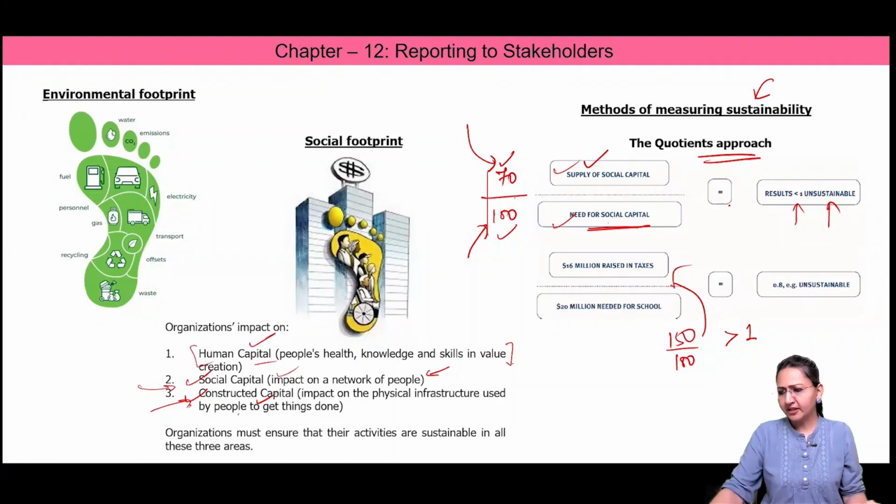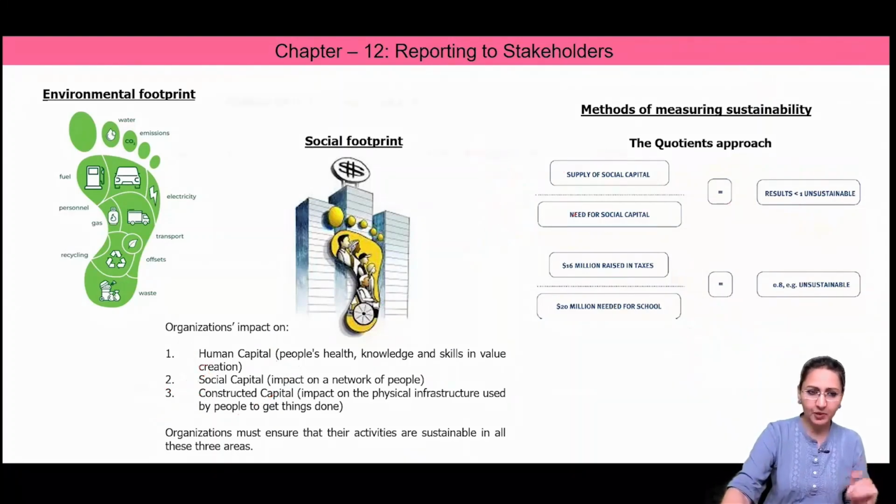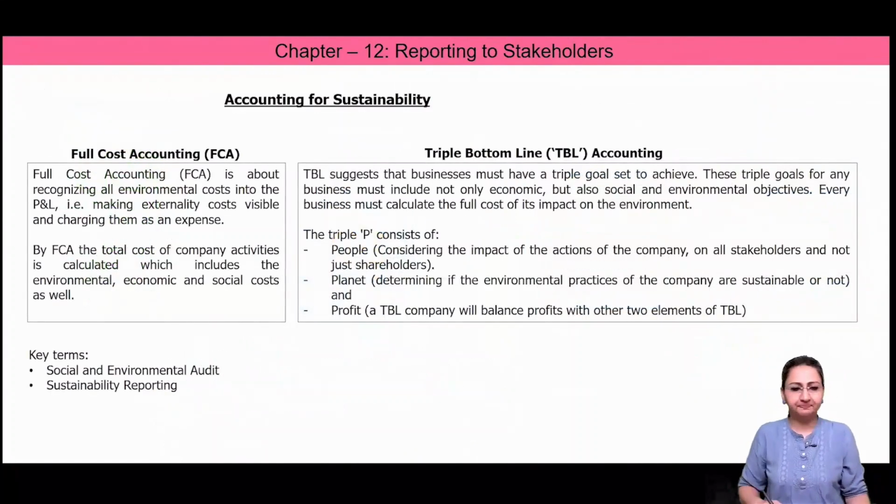Then there is subjective approach also, where on the basis of certain goals, you identify if sustainability is achieved or not. These goals are quite subjective. They require a lot of judgment, and we cannot express them as conclusive proof if we are doing a sustainable business or not. That's the problem with sustainability methods.